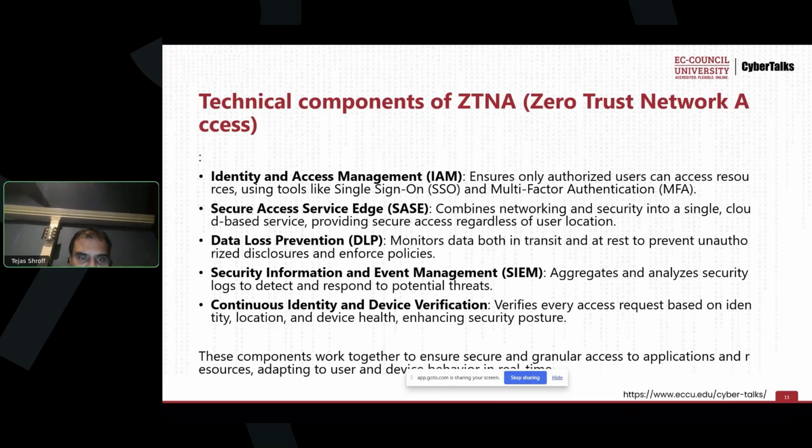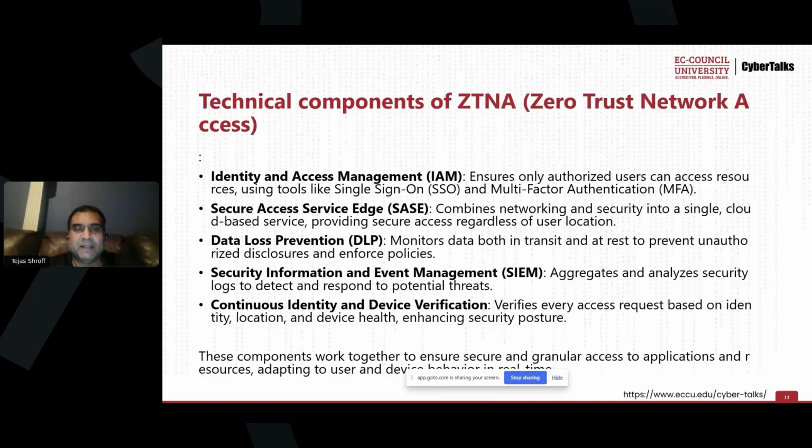If the device is showing it is not healthy, it is not a patched device, right? Then it should be flagged, because you don't want somebody accessing from an unhealthy device, and that will create more security trouble for you. These components need to make sure they're working together to secure and grant the granular access to the applications and resources.